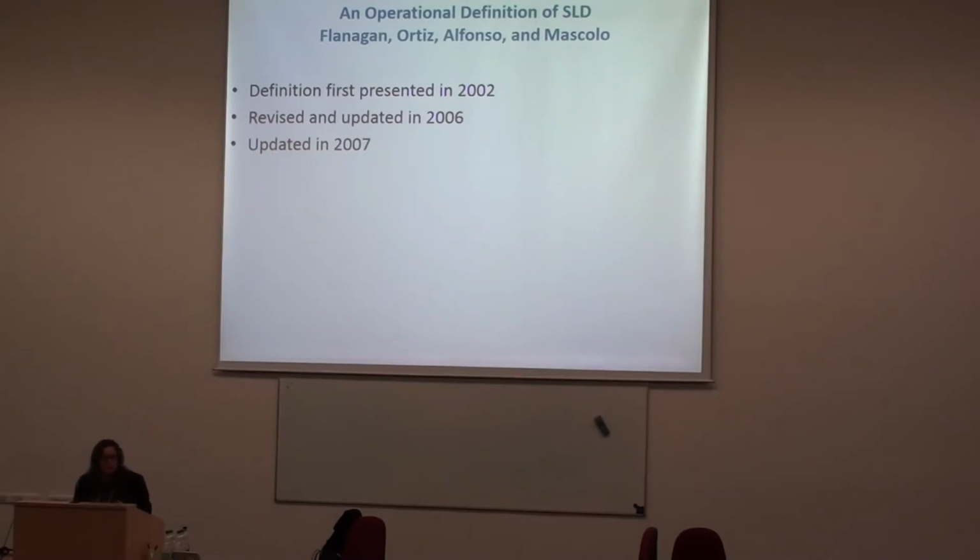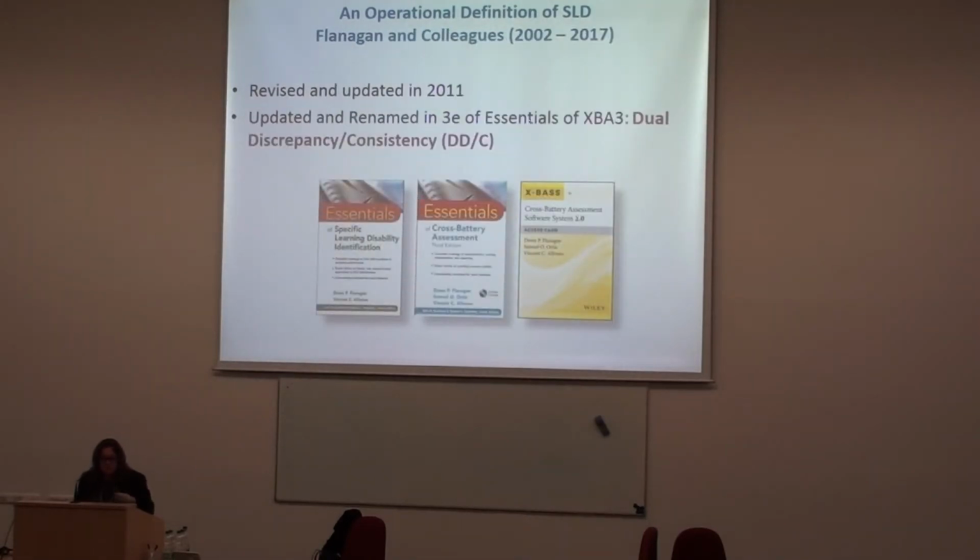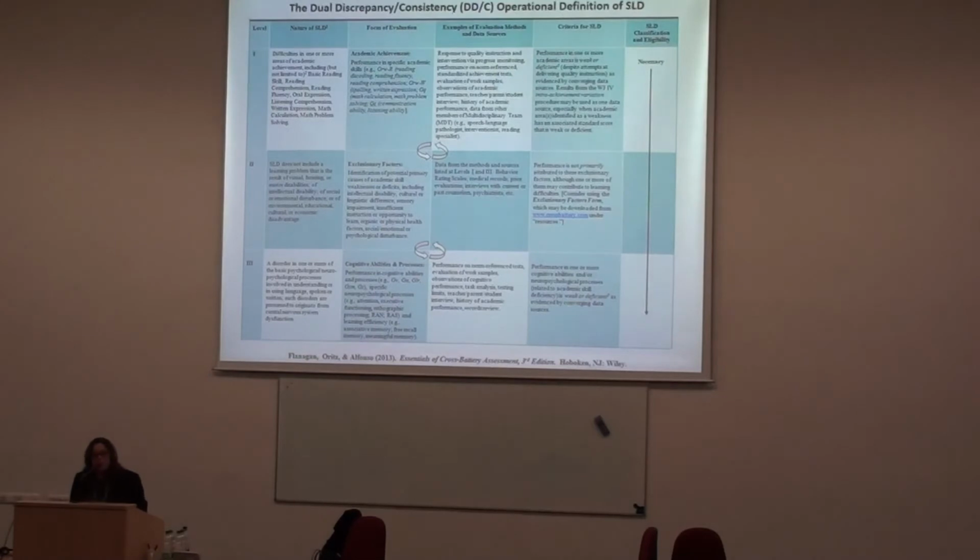So we started talking about it in the early 2000s, and we wrote about it many times in several different books, and then we finally gave it a name. We call it the dual discrepancy consistency model. These next 2 slides describe that model. So it talks about what SLD is and what it is not. And so that's this column here.